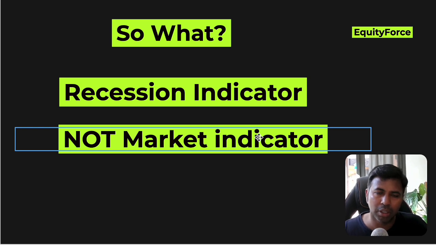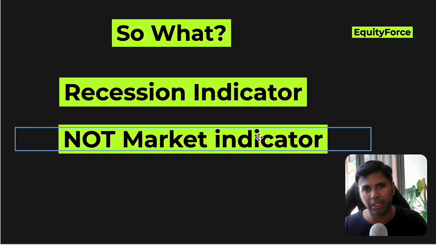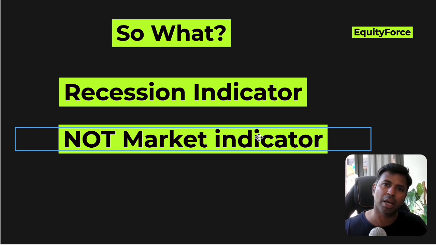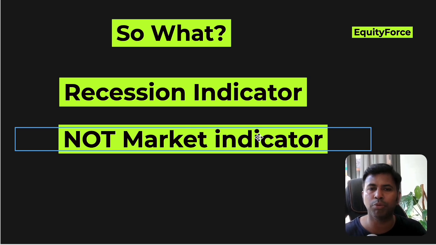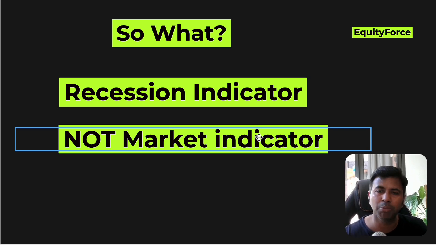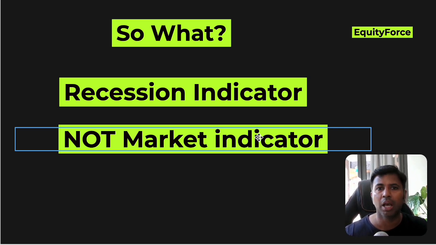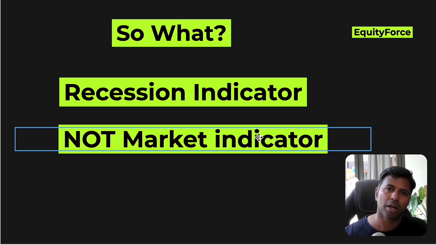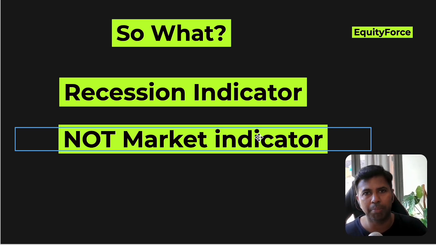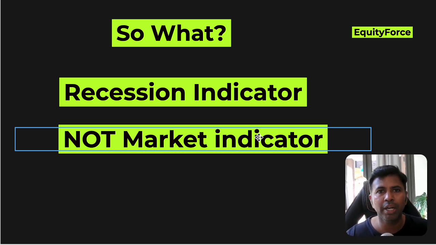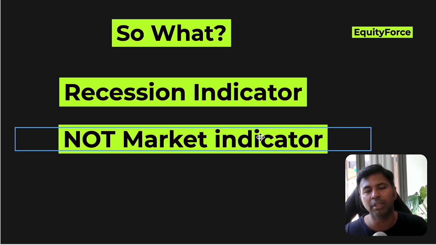Even after the recession indicator has been triggered, a few data points have shown that the markets have continued to rise after that, because the policymakers have tools like the interest rates, and a lot of other tools to react to this indicator being triggered, and we will have to wait and watch how the Fed reacts.